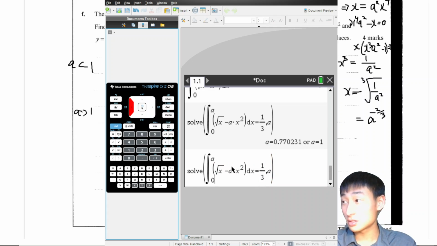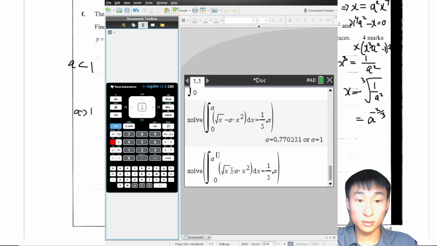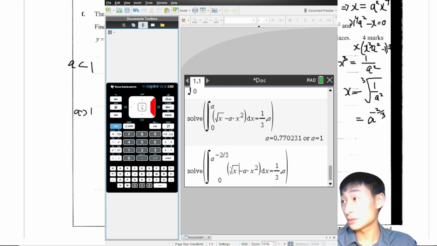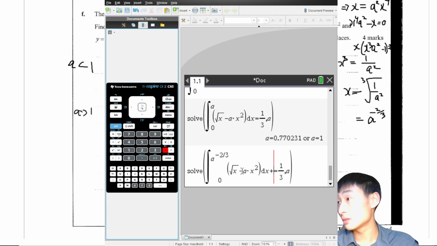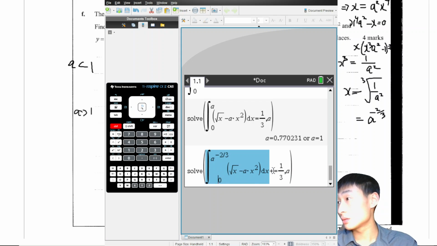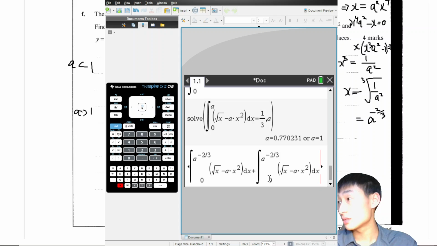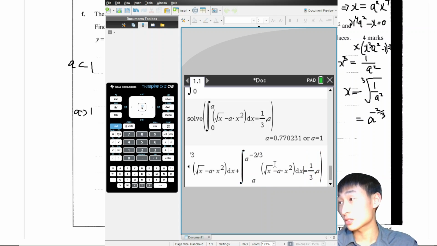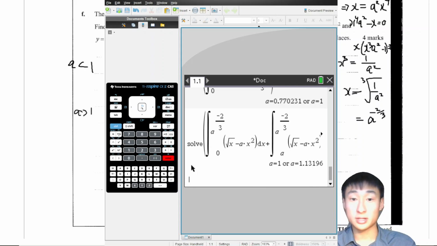And if it's this time a to the power of negative 2/3 plus that, except I'm going to have a at the bottom. That's going to be the same. That's fine. Because this area is going to be negative, but this is also negative. So you get that. Okay, so my three answers are those three.